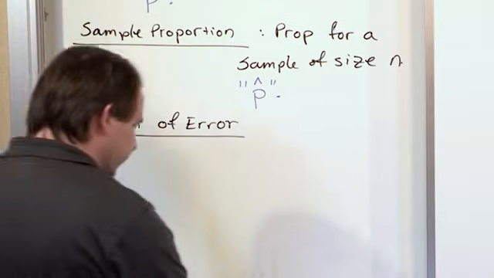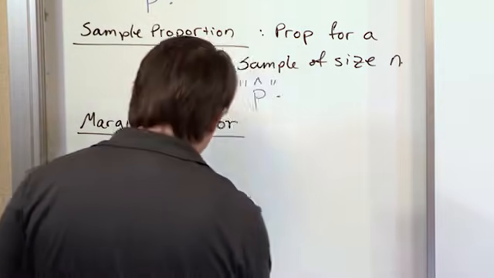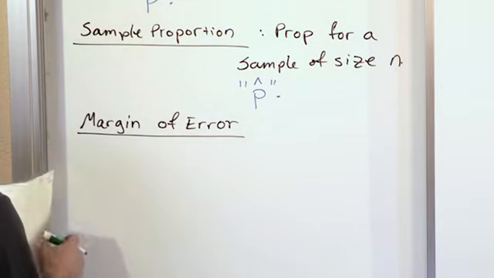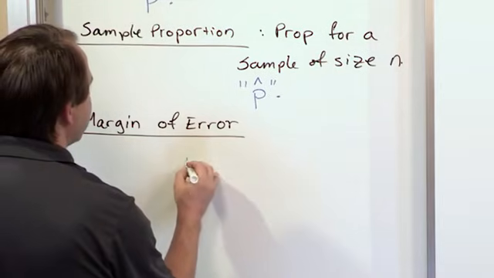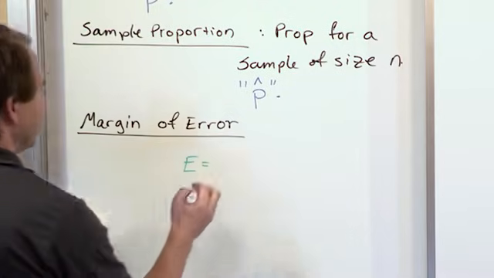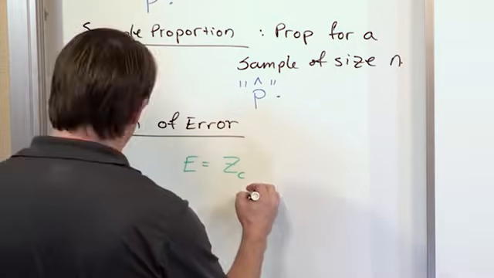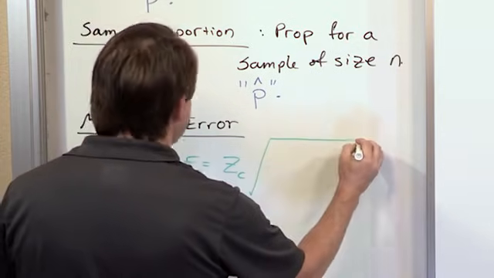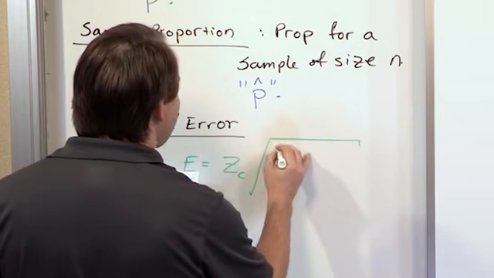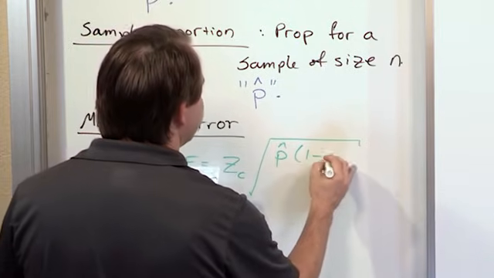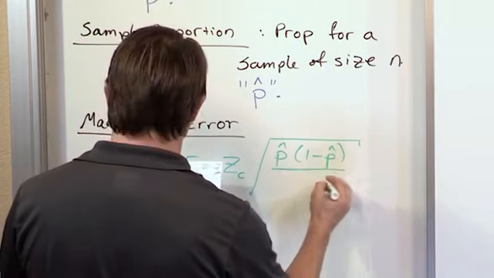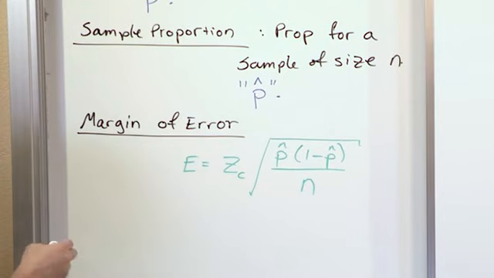I'm going to switch colors to hopefully make it a little more clear. The margin of error here is going to be equal to z sub c, which is a critical value of z because we're going to be using a normal distribution, and that's times the square root of p hat times 1 minus p hat over the sample size n.